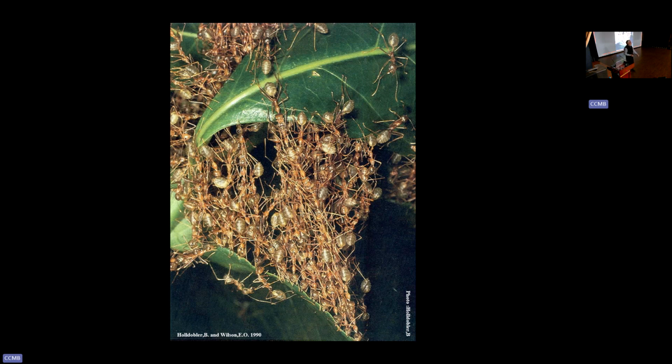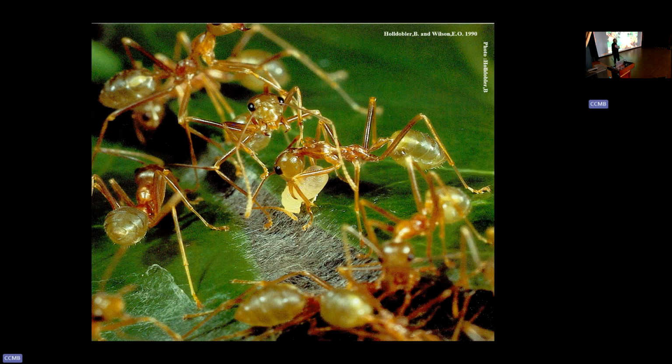And what do they stitch them with? Nothing less than silk fibers. They use silk to stitch these leaves. Where do they get silk from? Adult insects do not make silk. Larvae make silk. So when these ants succeed, as you can see, this is a very interesting coordinated effort. They make these large number of bridges between these two, and slowly the ants in the middle will drop off until these two leaves are aligned in this fashion.